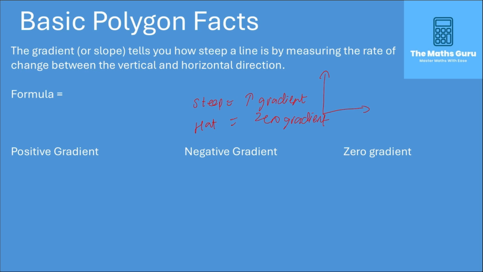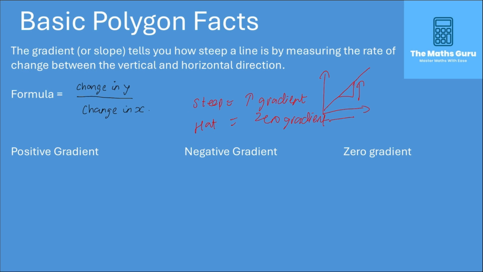So the gradient tells us when I move across, how much do I move up and down? The gradient of a line tells us how much we move up and down as we move across. And the formula of the gradient is given by the change in y over the change in x.